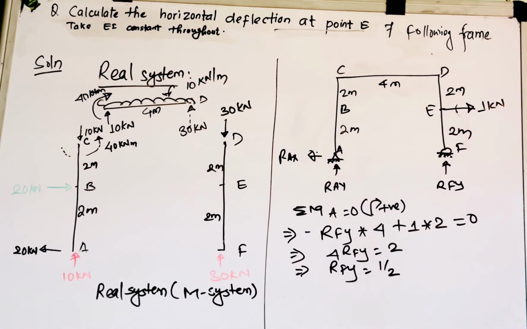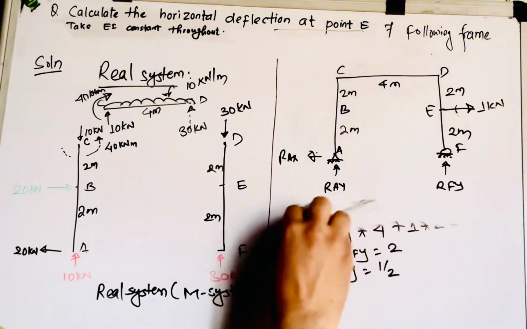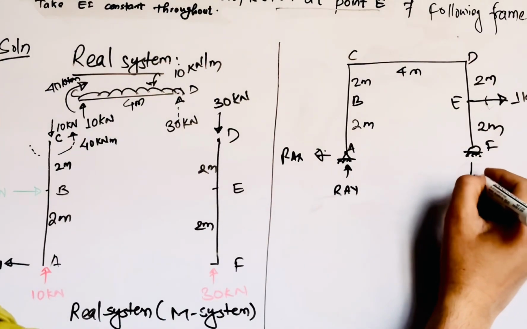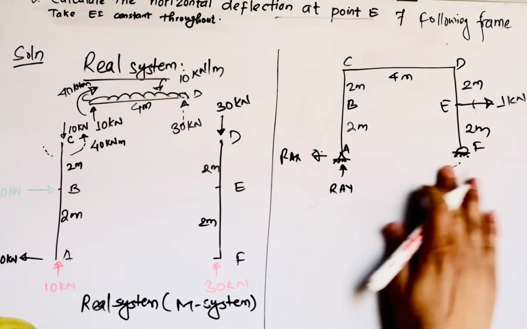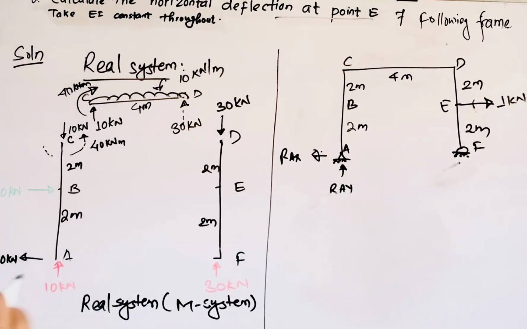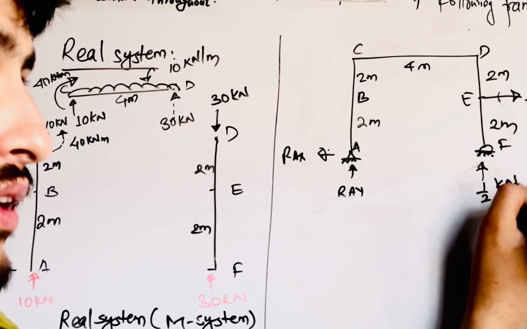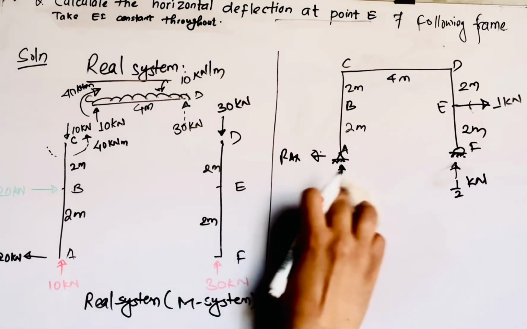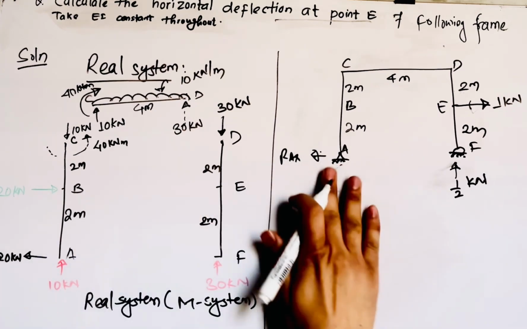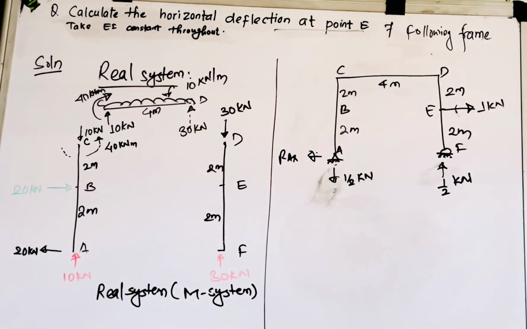So if you know this, then you can determine the reactions of this system. RFY is half kilonewton acting in the upward direction, and RAY is again half kilonewton acting in the downward direction, right?